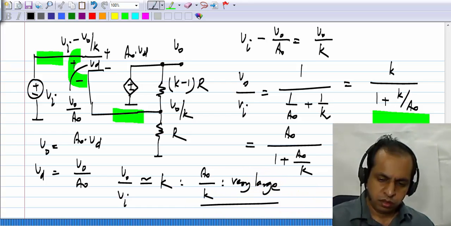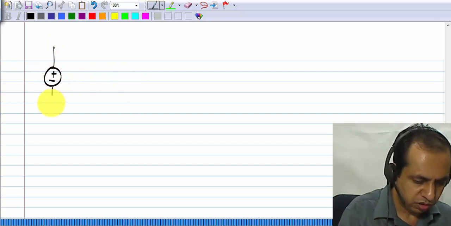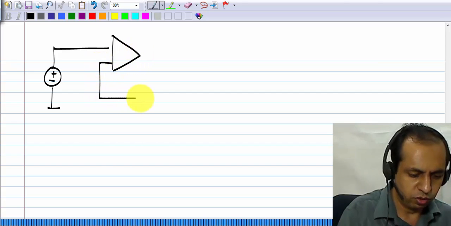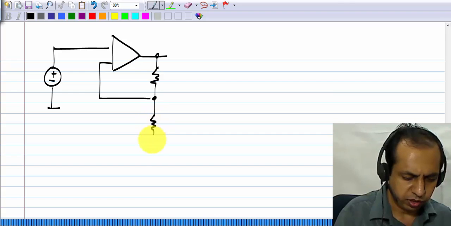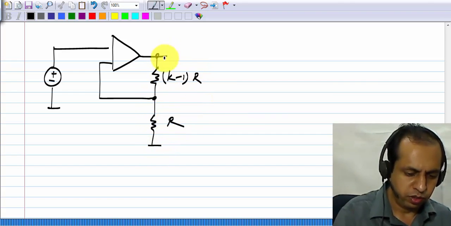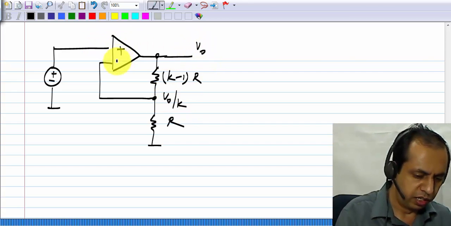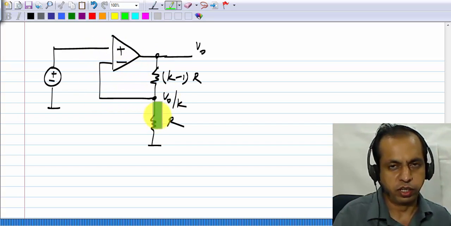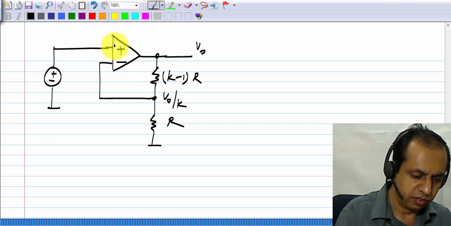Okay, so this circuit here uses an op-amp which we model as a voltage controlled voltage source, and that's how it is conventionally modeled frequently. We can divide the output voltage using a resistive divider, and the input is compared to the divided voltage, and the output is driven based on the comparison.